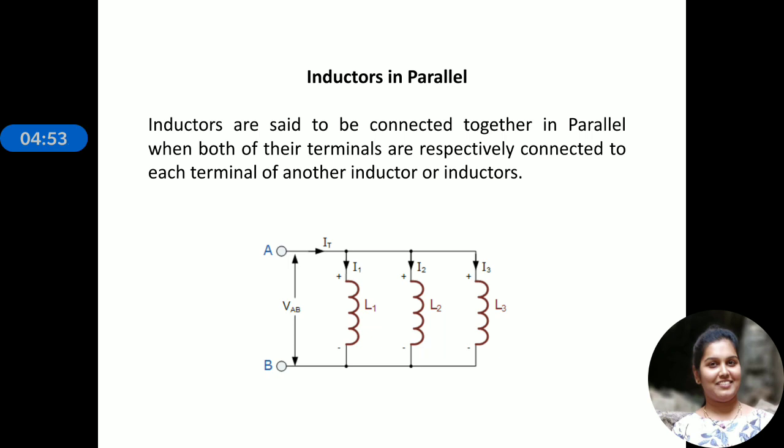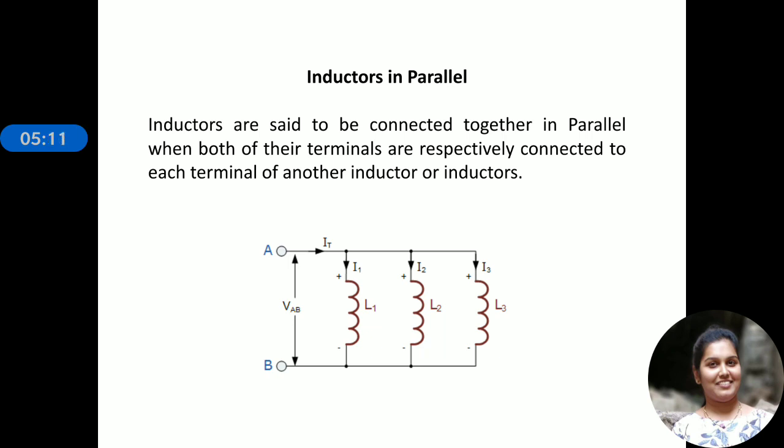Another point to be noted regarding series connected inductors is that the total inductance will always be greater than the largest inductor in the series connection.